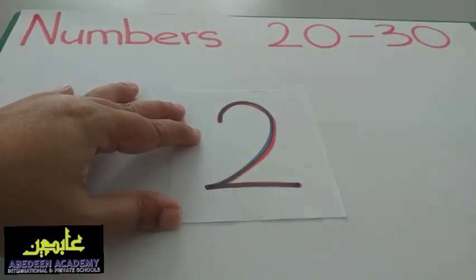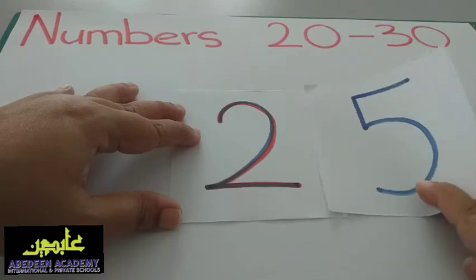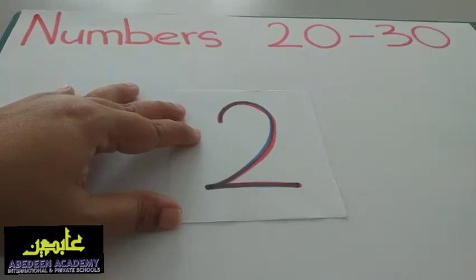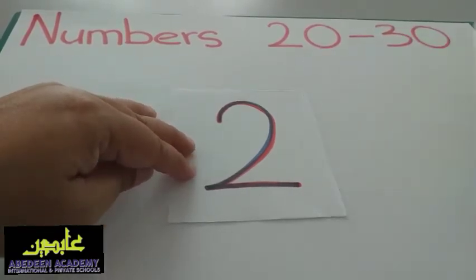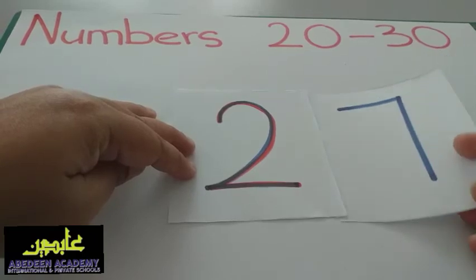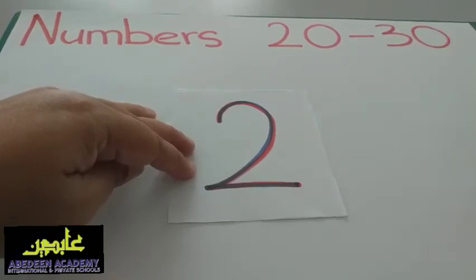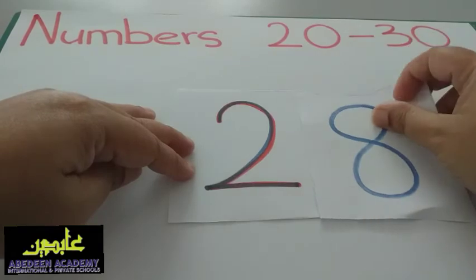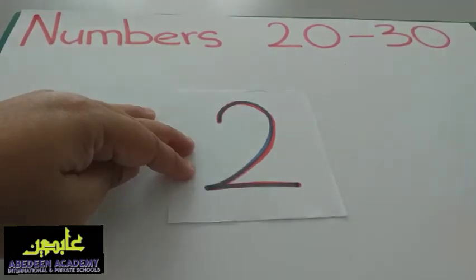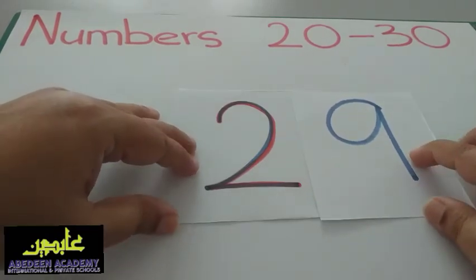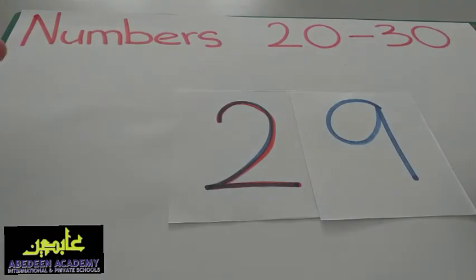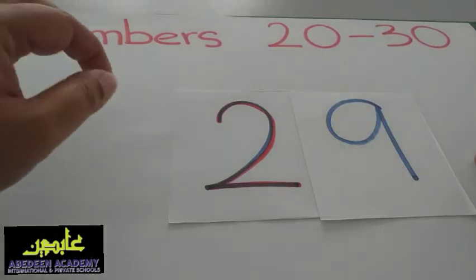After 4 what will be there? 5, so you say 25, then 26, 27, and then after that is 28, and the last number in 20 is 29. Okay, so it goes like 21, 22, 23, 24, 25, 26, 27, 28, 29.